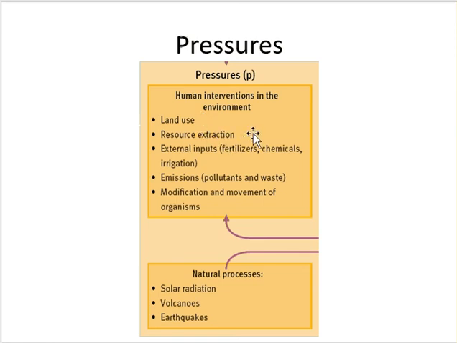Resource extraction is also important, but as people always tell me, mines and quarries only really take up a very small part of the landscape. So they're much less damaging than, say, agriculture, which takes up large areas of the landscape.